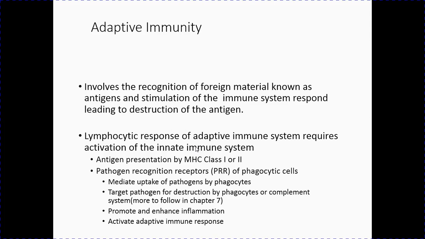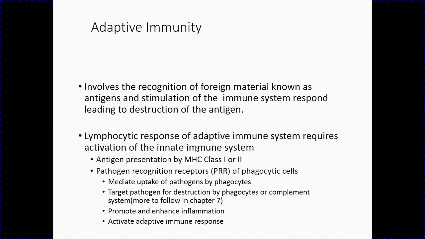We saw in chapter 3 the binding of pathogen-associated molecular patterns, PAMPs, on microbes, and how those pathogen-specific markers can be recognized by the pattern recognition receptors of primarily phagocytic cells.